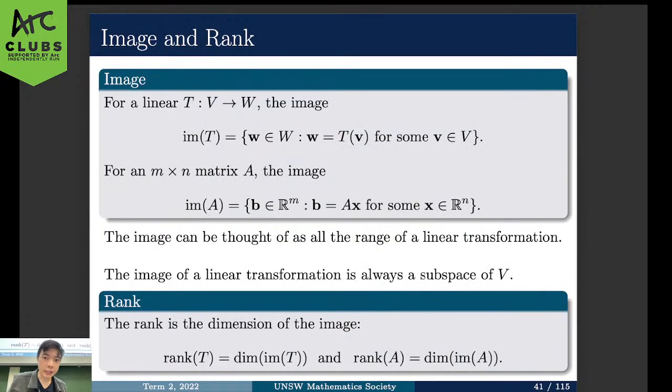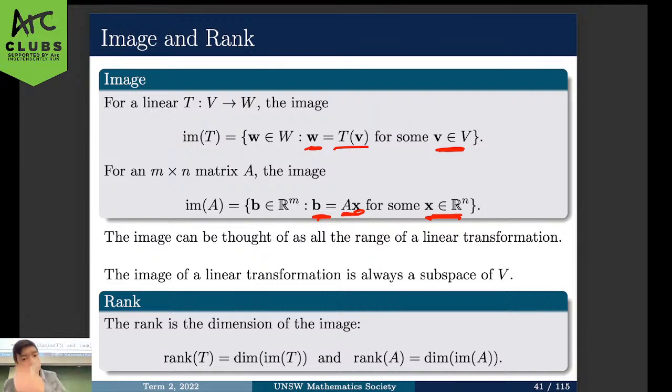So now we have the image, which is essentially every single output vector which is possible when transforming some vector v by T. The image for a matrix A is just every single vector output which is created by some vector x when you multiply it by the matrix A. It's kind of just like the range of a linear transformation, and the image of a linear transformation is always a subspace.